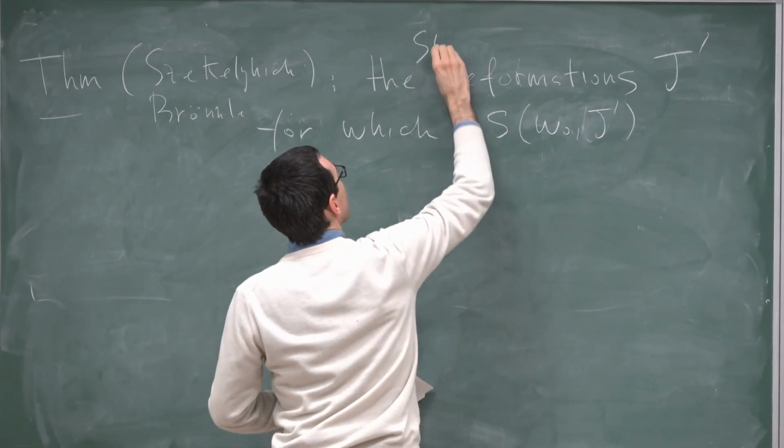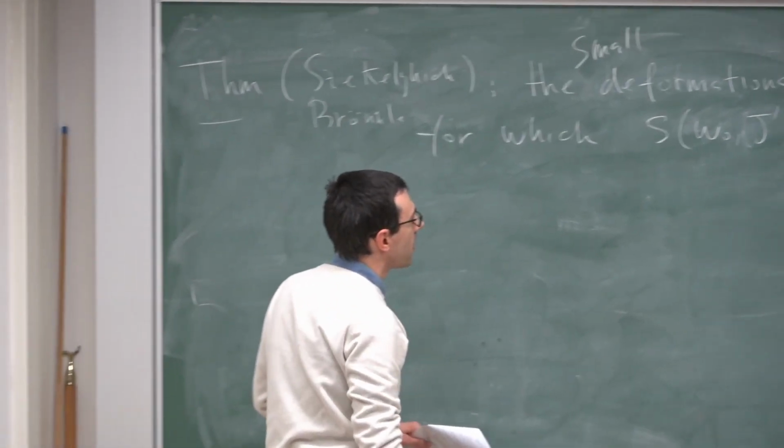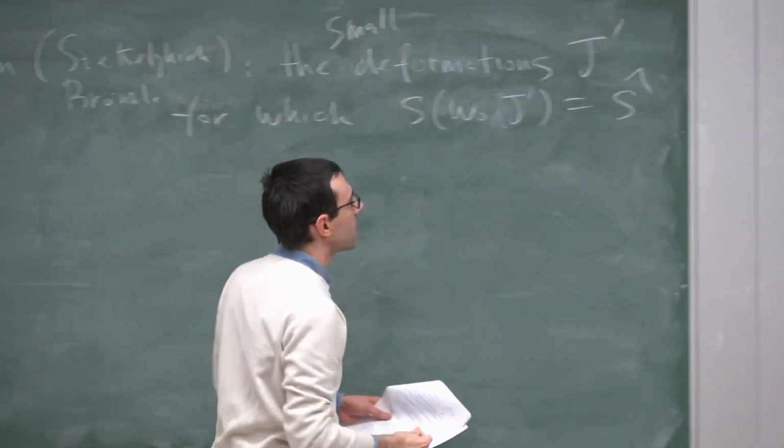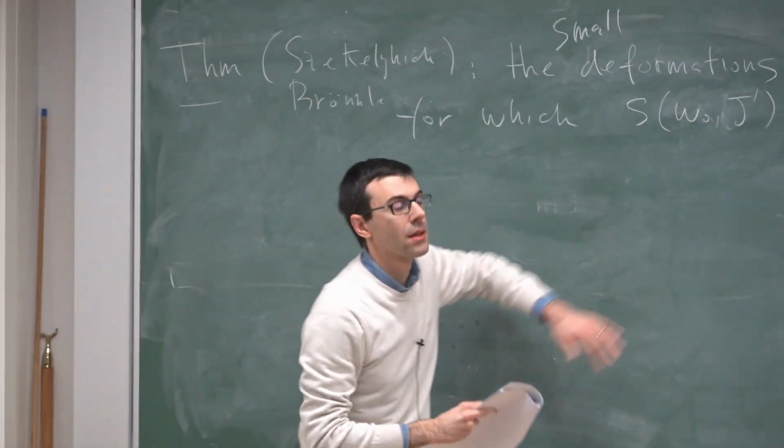That's small polarized deformation J prime for which this is still solvable. The equation is still solvable in the slightly perturbed complex structure.